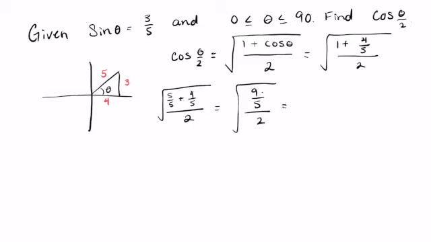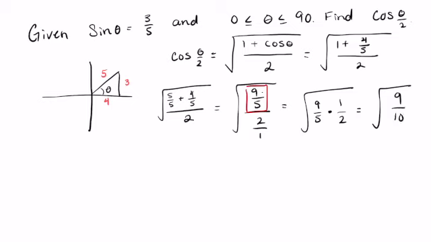And then at this point, we're going to keep it, switch it, and flip it. So we keep 9 over 5, switch the division to multiplication, and we're going to flip 2 over 1 to 1 over 2. And that gives me 9 over 10. Go ahead and simplify. At this point, we can rewrite this as the square root of 9 over the square root of 10, which gives me 3 over square root of 10.